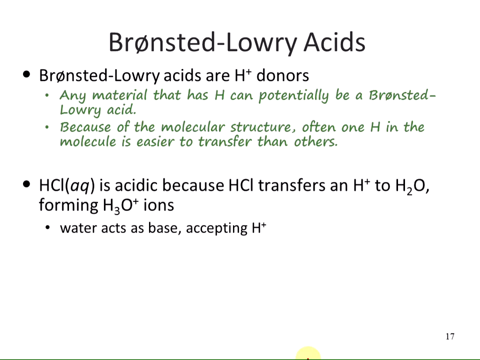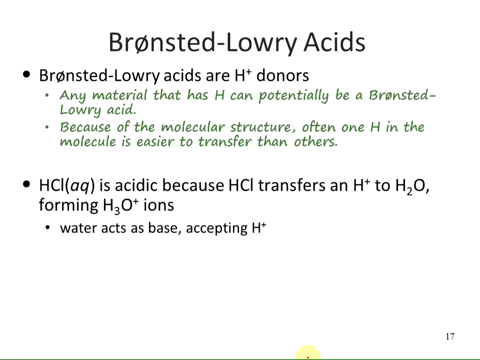So we're laying down a very good foundation of information about what you need to know about acid-base theory here in Chem 1B, but this is also the groundwork for what you need in your upper division chemistry courses such as organic or biochemistry. Now, hydrochloric acid is acidic because the HCl transfers a proton to water, forming the hydronium ions.